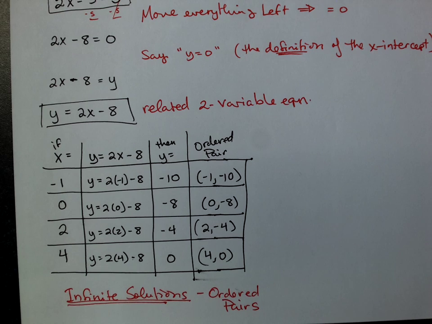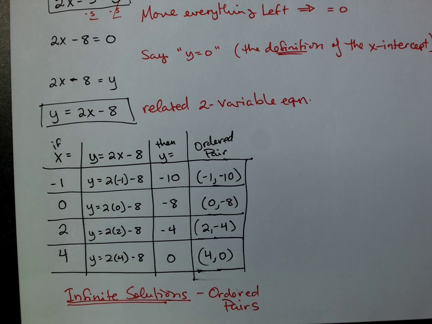And because these aren't just random, discrete ordered pairs, but rather they are part of the rule, y equals 2x minus 8, they're just 4 of the infinite ordered pairs that exist on that line. So we would call these particular 4, and an infinite number of other choices, solutions to this equation.